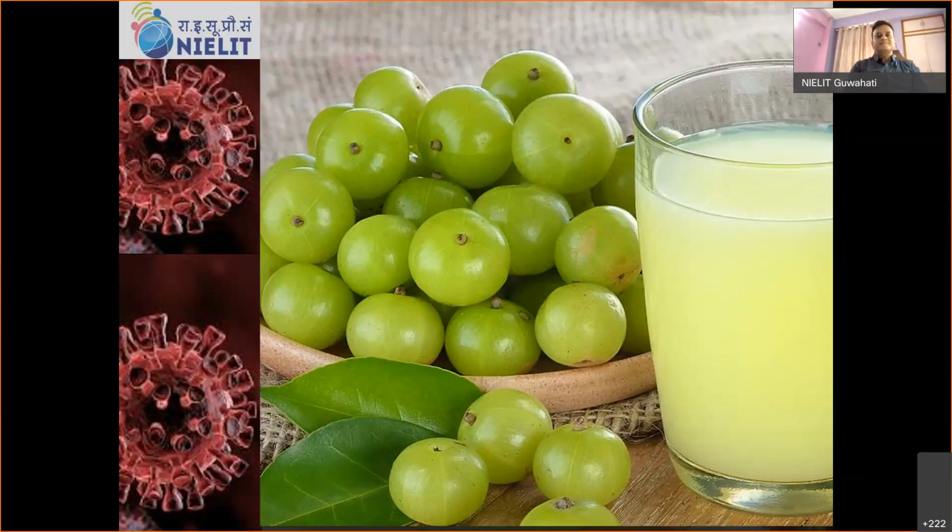Like one to mention is amla juice, or say you take some fruit juice, loaded with phytochemicals, of course, and a lot of vitamins like vitamin C, vitamin K, and along with that, fortified with a lot of compounds which are very much necessary for keeping ourselves healthy against many diseases.